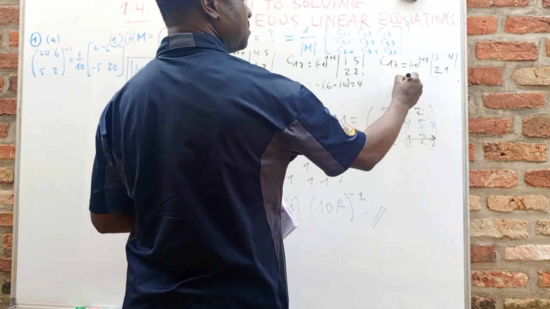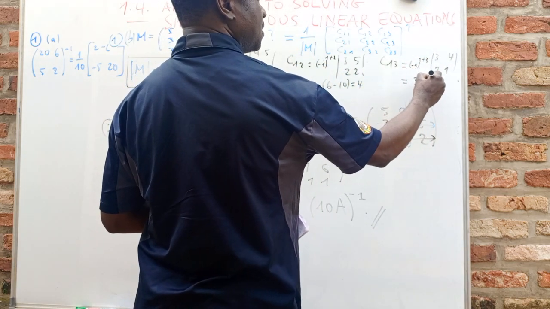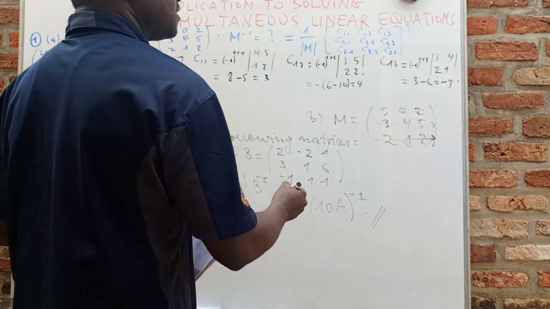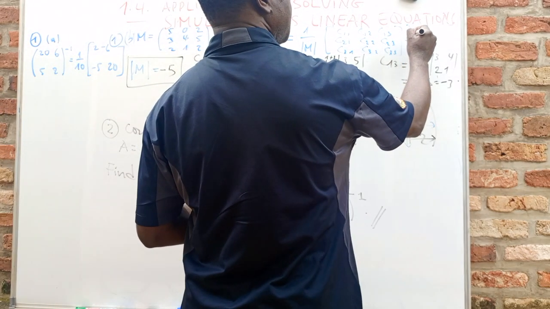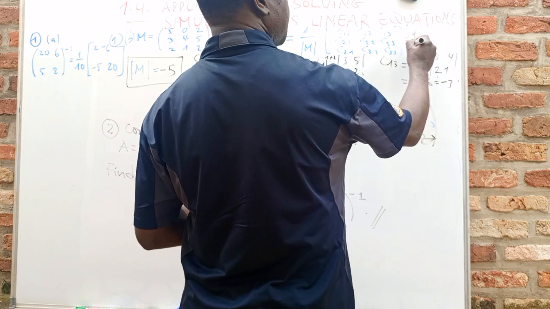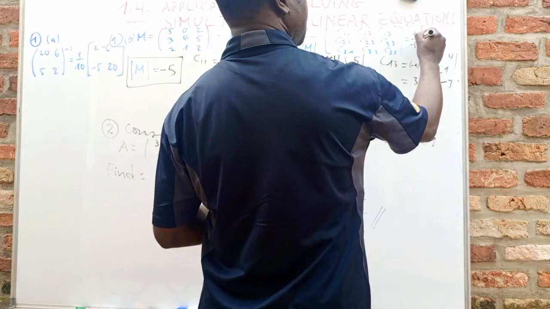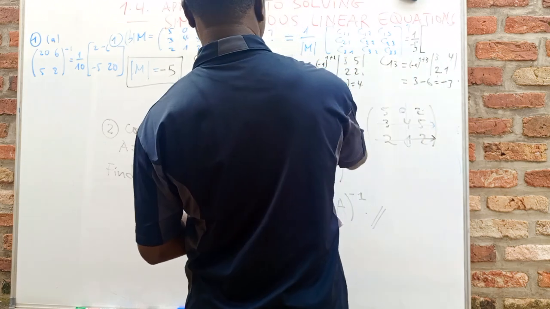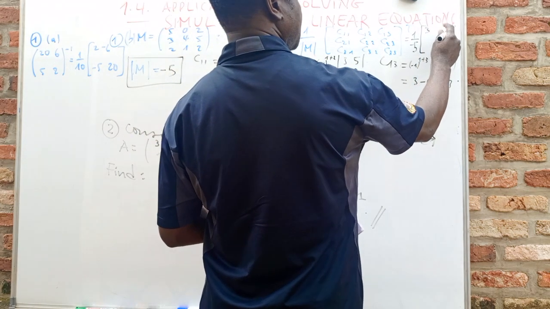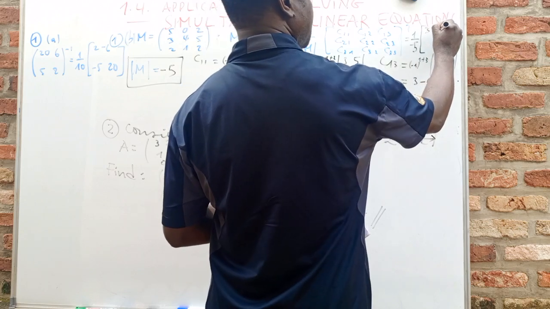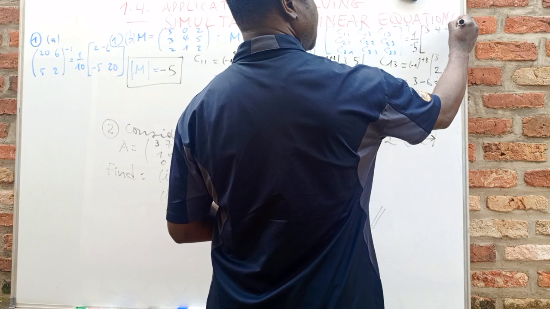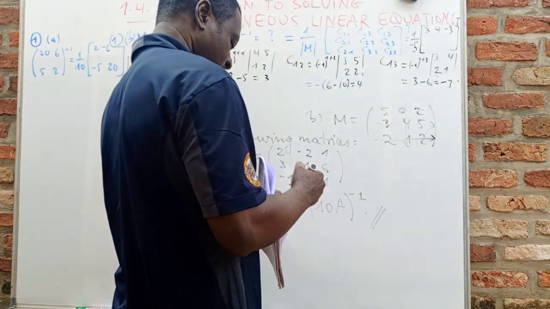So this will be 3 minus 6, which is -3. So finally, we have 1 over -5 times the determinant. So now I'm going to find the first row of cofactors: 3, second one is 4, third one is -3, and I'm going to get the transpose of this matrix.